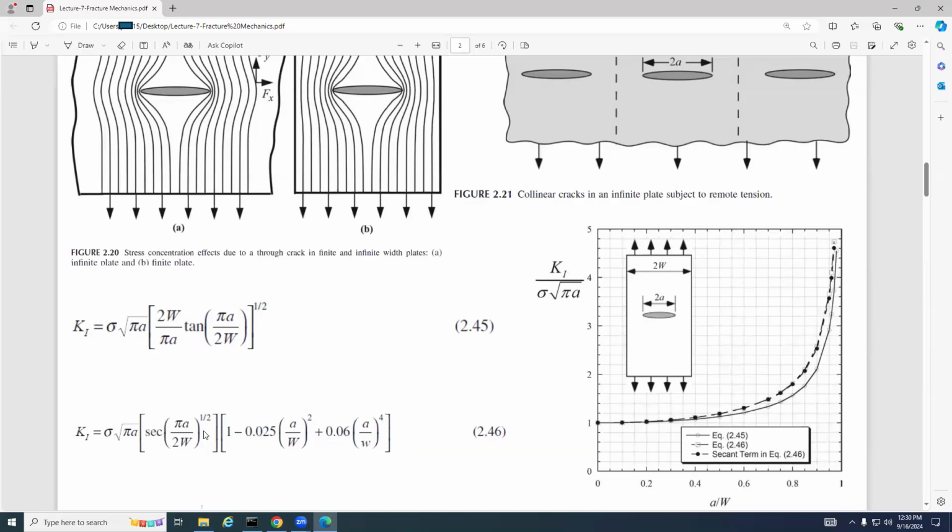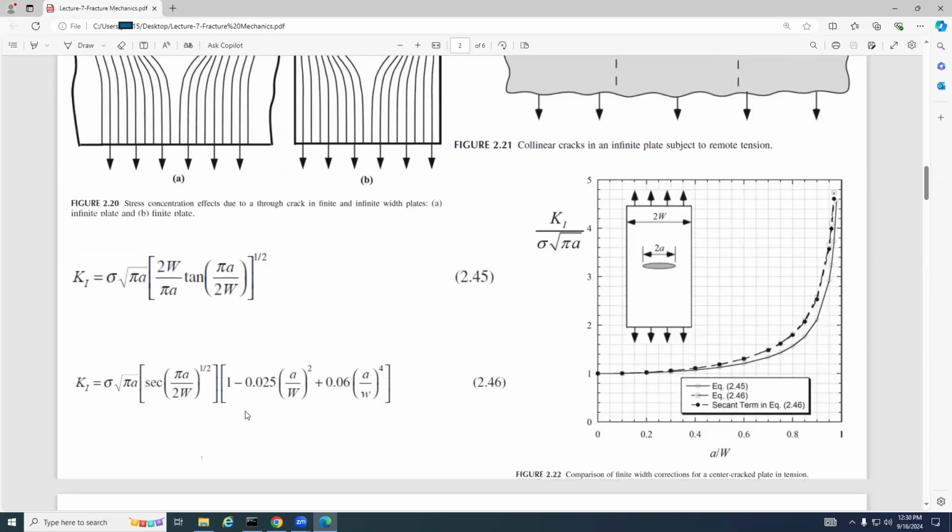Here is a comparison of these two equations. This is the finite plate with finite width, and this is a crack. The bottom line is that if we have a geometry and apply load, you can come here and use the appropriate equations to get KI.